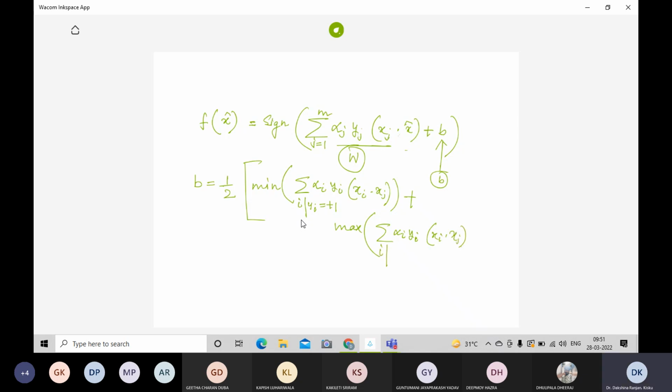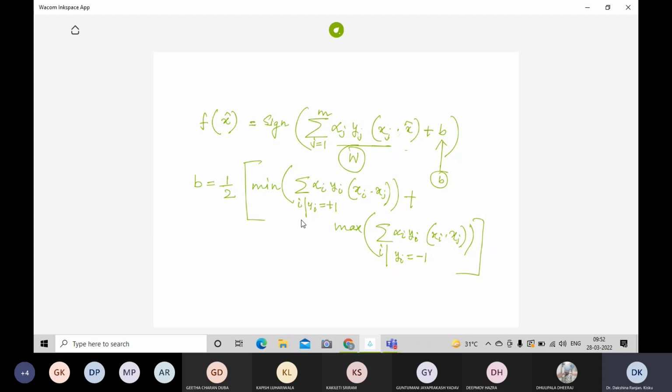So here yi, when we consider the negative class, what we are writing is b equals half of the minimum of summation over alpha i yi xi xj, when we consider class label from positive examples.